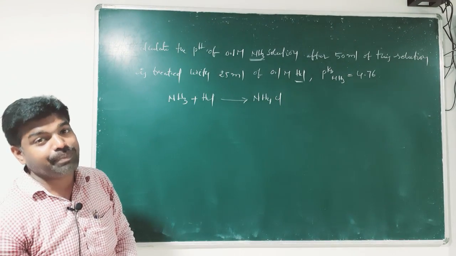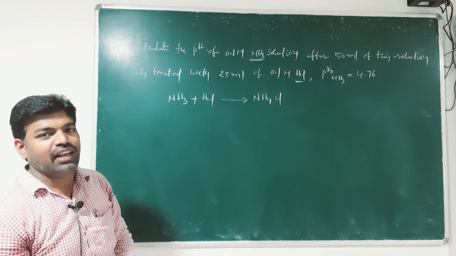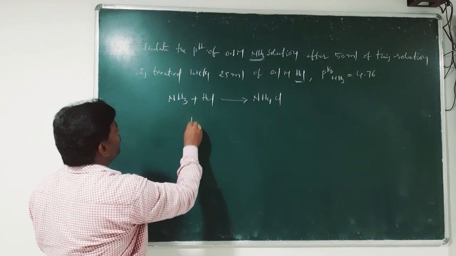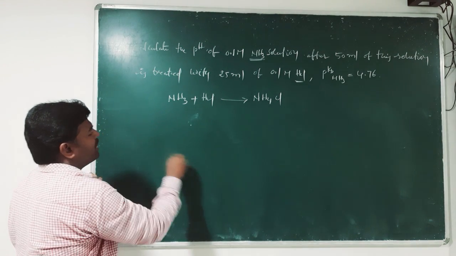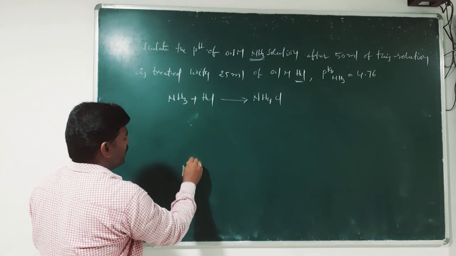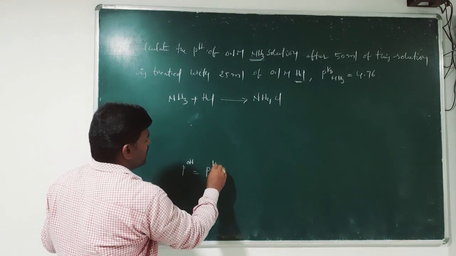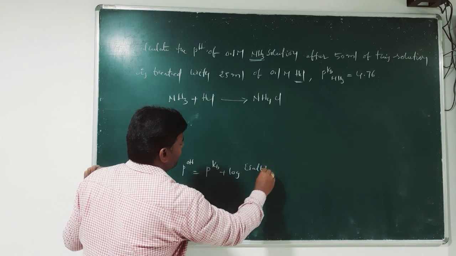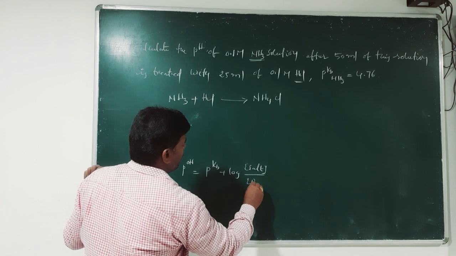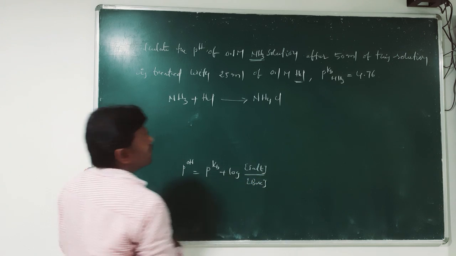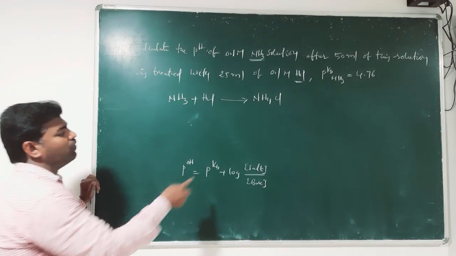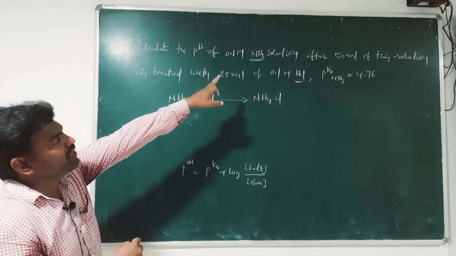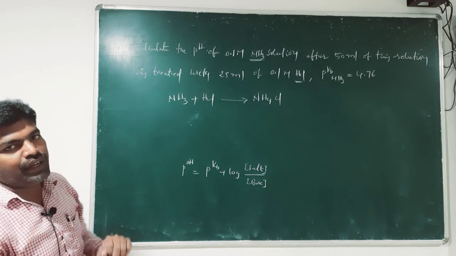First we shall calculate the pOH from which we can calculate the pH, right. So pOH is equal to pKb plus log concentration of salt by concentration of base. So we need to know the concentration of salt that is formed from the ammonia solution treated with hydrochloric acid.